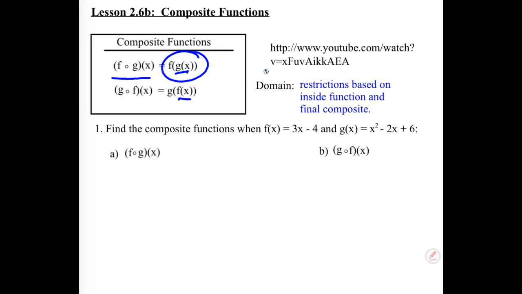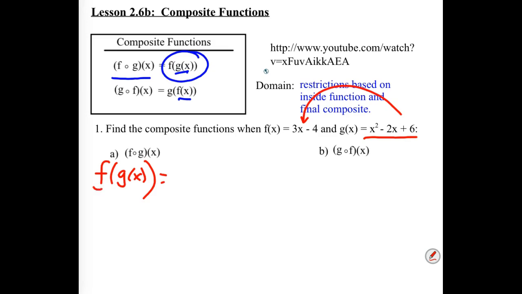All right. So we are taking f of g. So we're taking this g function, which in this case is x squared minus 2x plus 6, and it says we want to dump it into our f function. So how we write this, the very first thing you see is f.